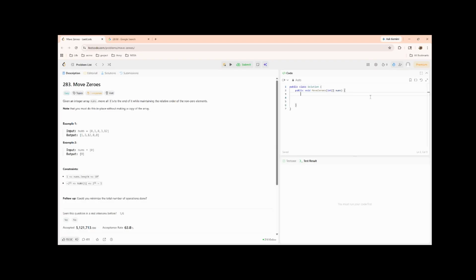So again, we're working with an integer array called nums. And today all we are doing is moving some zeros. Do we just loop through this numbers array and move things around?